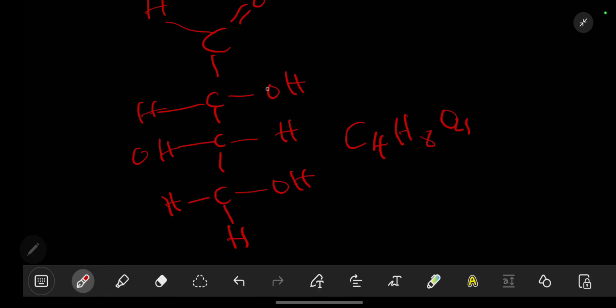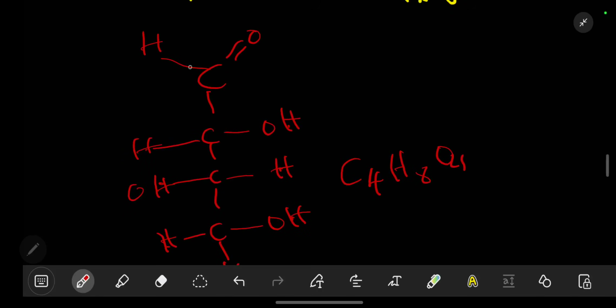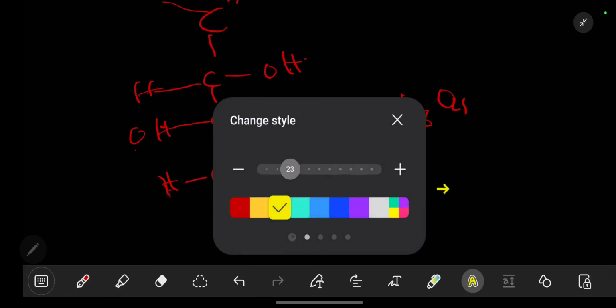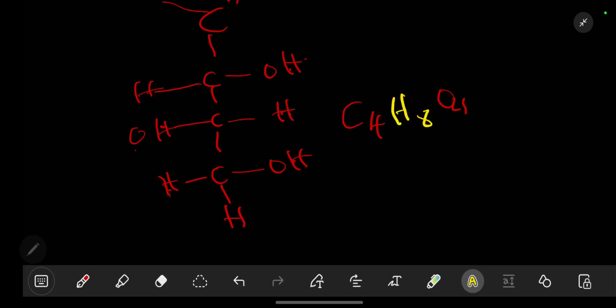You can count 1, 2, 3, 4, 5, 6, 7, 8. So there should be 8 hydrogens, 4 carbons, and 4 oxygens, like that.